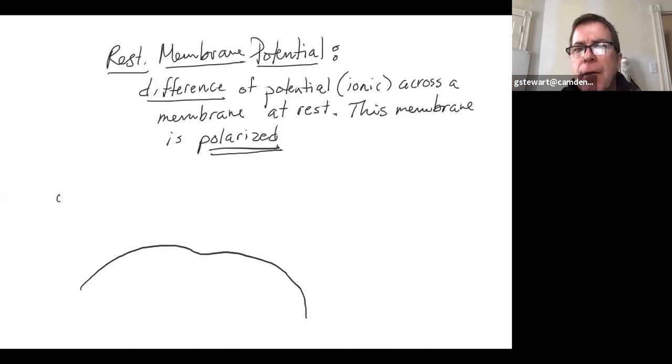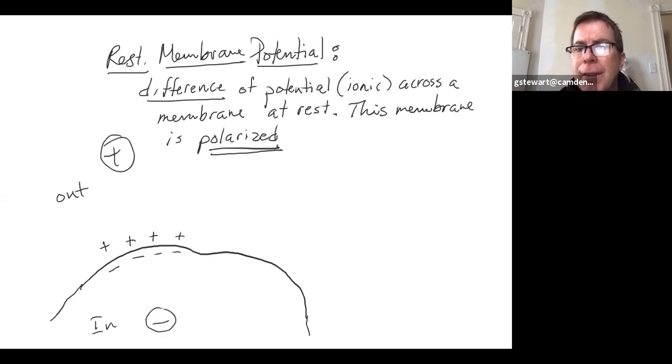So if this is the outside of the cell, this is the inside of the cell. And for the reasons that I explained a few minutes ago, we have a positive charge out and a negative charge in. It's only along the edge that it's like this. It doesn't mean that all of this way out here is positive and all this way in here is negative. That's really not the case. It's just this separation of charge right along this edge.